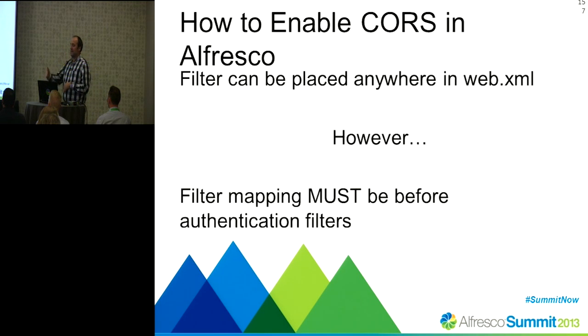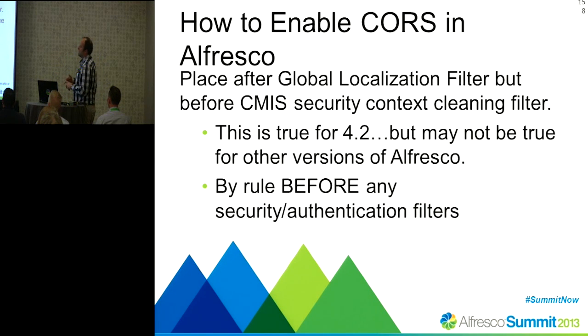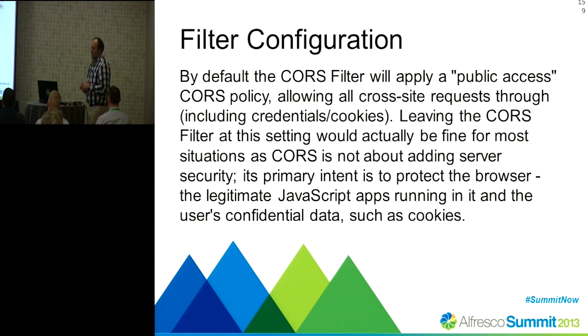It has to happen after authentication, or that options call will fail. Now in 4.2, this means that you should probably place it after the global localization filter, but before the CMIS security context cleaner. That should be the first and the second filter mappings that are there. But by rule, it should be before anything. Now once you have it in there, that's it. CORS will be enabled. You should be able to make cross-domain calls.